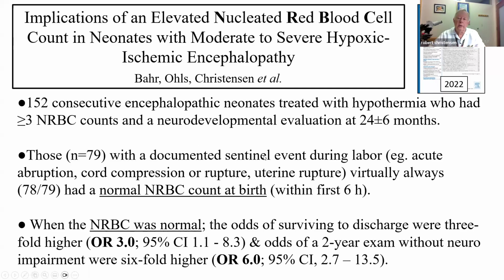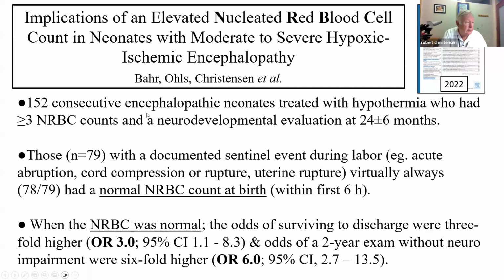Those that had a documented sentinel event during labor, so something acute happened, cord compression, uterine rupture, or something like that, virtually always had a normal nucleated red cell count at birth. So something that just happened within hours did not elevate the nucleated red blood cell count.